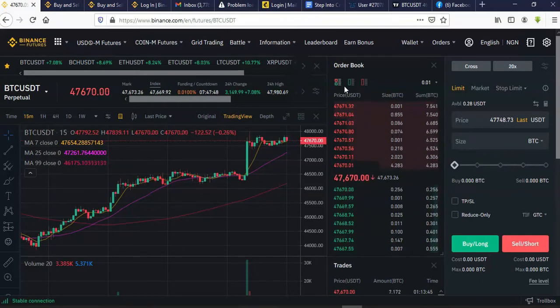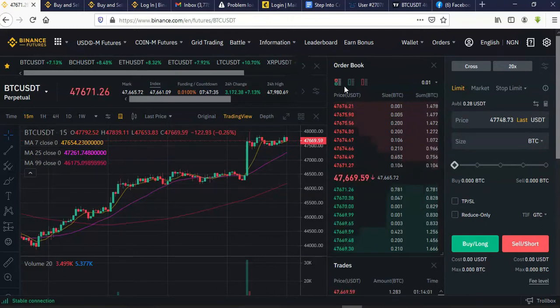The market will be maintaining your position with regards to liquidation based on your overall balance.